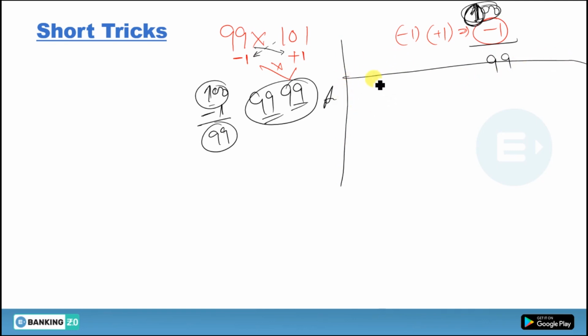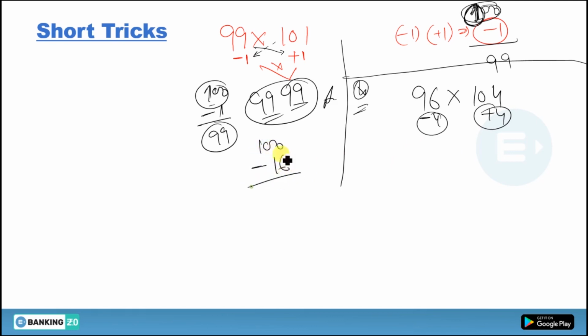So see one more question. If you multiply 96 into 104, what are you going to get? This one is minus 4, this one is plus 4. So just multiply these two. You're going to get minus 16. I told you that you cannot write a negative value, so just subtract this 16 from 100. You're going to get 84.